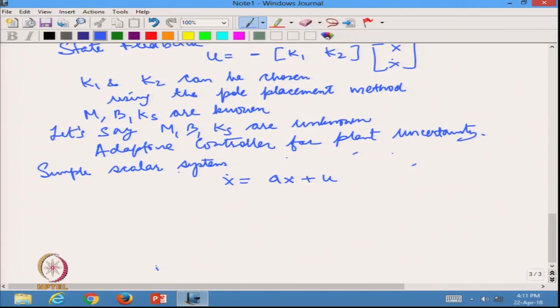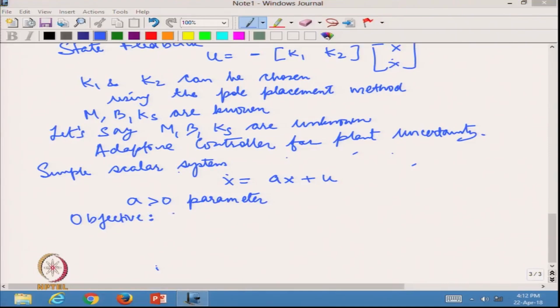Again here x is a state, u is the input, a is a positive parameter, and the objective here is that x of t goes to 0 as t goes to infinity.